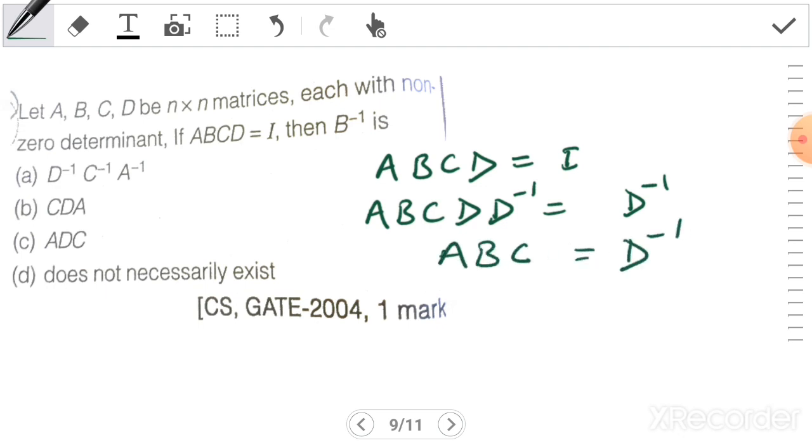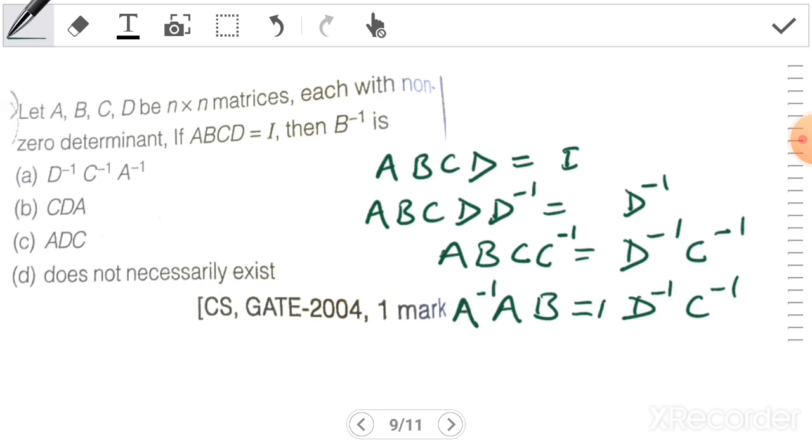Let us again multiply C inverse on both sides. So we have AB is equal to D inverse C inverse. Now we have to remove A, so let us multiply A inverse. Why are we multiplying A inverse to the left?